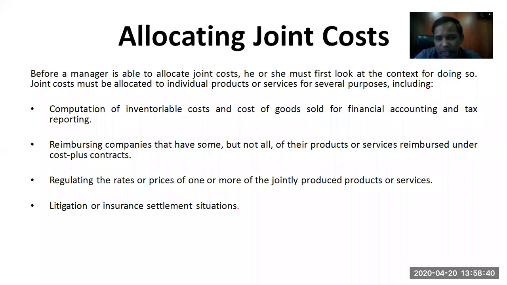Joint cost must be allocated to individual products or services for several purposes, including computation of inventoriable cost and COGS for financial accounting and for tax reporting, reimbursing companies that have some but not all of the products or services reimbursed under cost-plus contracts, regulating the rates or price of one or more of the jointly produced products or services, and litigation or insurance settlement situations. All these are the reasons why you need to allocate joint cost.